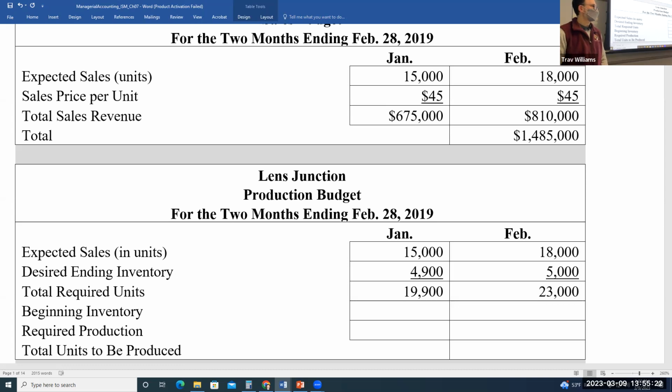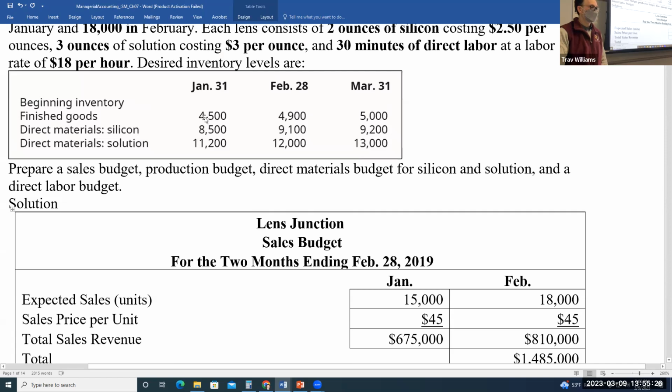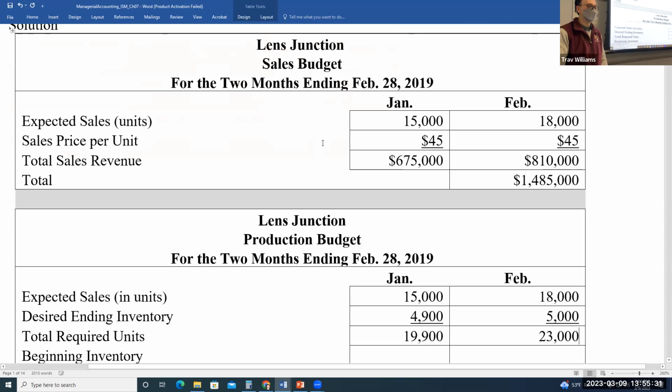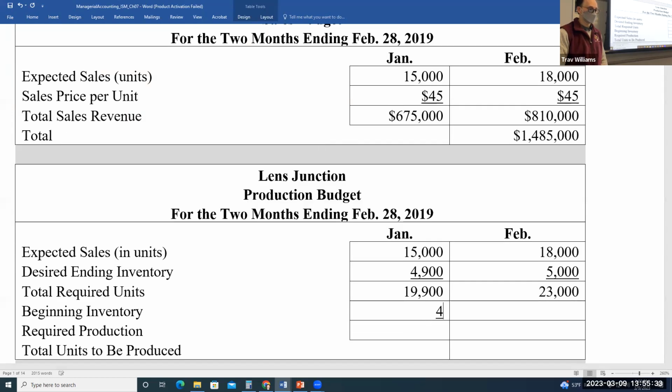But we can subtract our beginning inventory, which again, if we go up here, we have January 4,500, February 4,900. Subtract those.